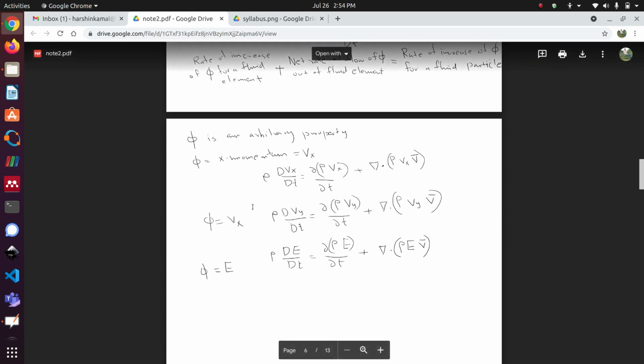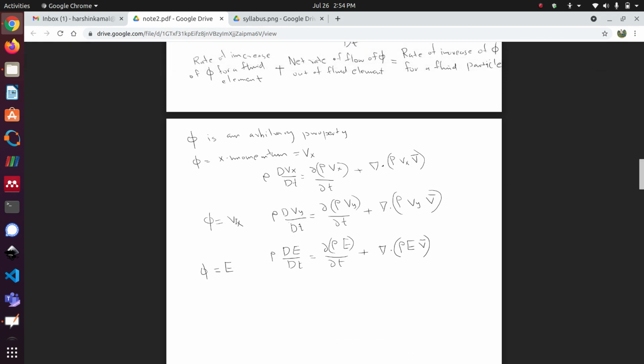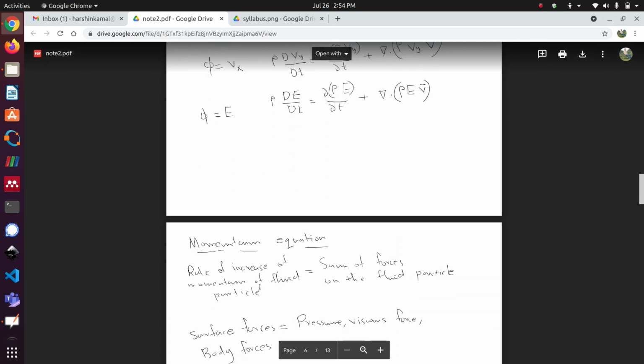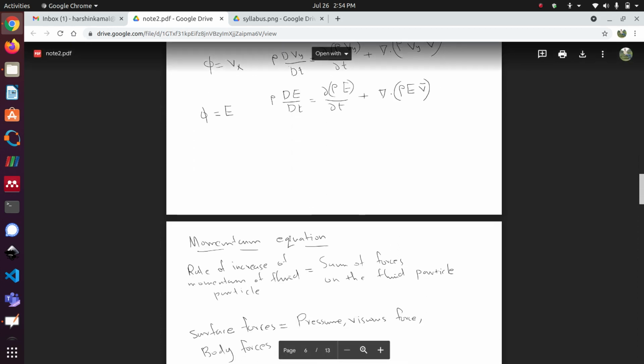You can give it x momentum, you can take it as y momentum, or you can take it as energy, you can take it as enthalpy. So depending on the problem, you can consider phi to be different properties, and you can use the transport equation to get different equations.